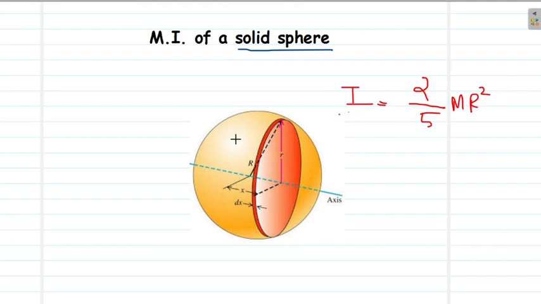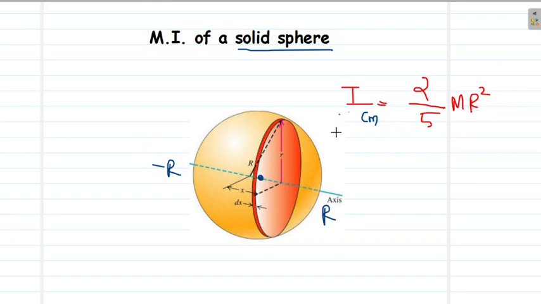We obtain this by considering several disks inside the sphere and integrating over all the possible disks from minus r up to plus r. So this is the moment of inertia corresponding to the center of mass, the axis passing through the center of mass. Center of mass of the sphere is at its center if the sphere is of uniform density.